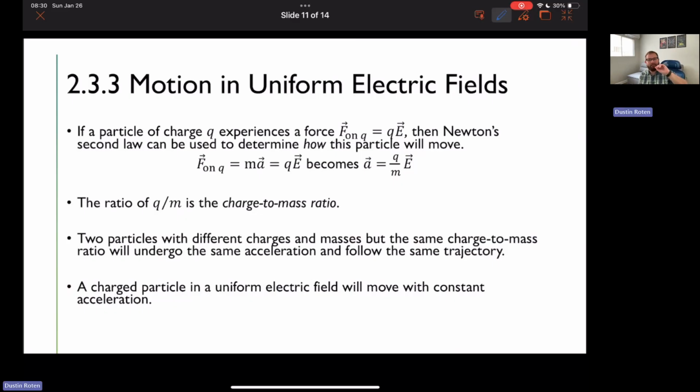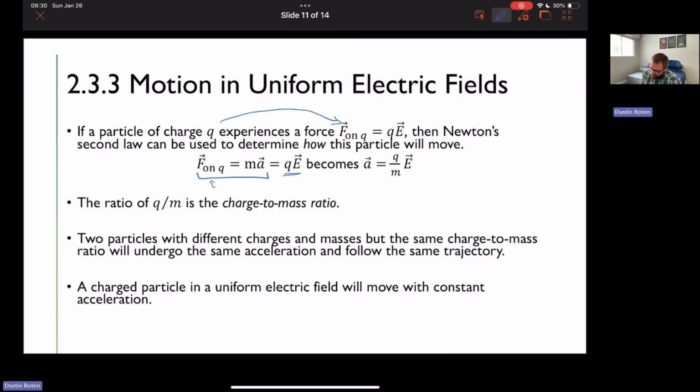Now we can actually talk about the motion of these particles and calculate what's going to happen. So if you have a particle Q at rest, and then it suddenly experiences this force, this QE force, well, then Newton's second law is going to take over. So you'll remember from physics 1, Newton's second law is F equals ma, but that F is actually from the electric field.